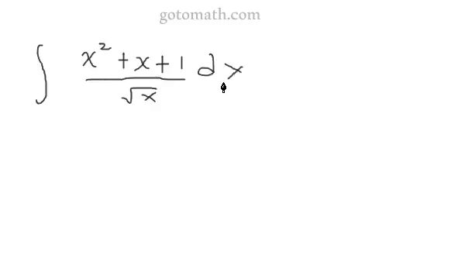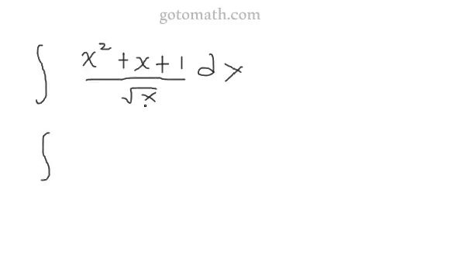Let's see, x squared plus x plus 1, all over the square root of x. And you're probably saying, oh my God, I'll never get that right on a test. Sure you will. First thing we have to do is rewrite this.